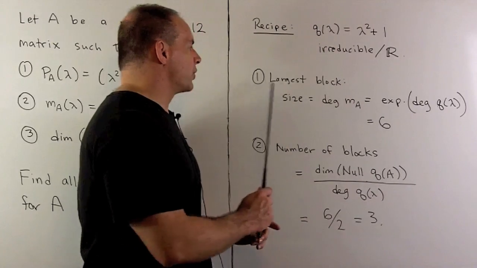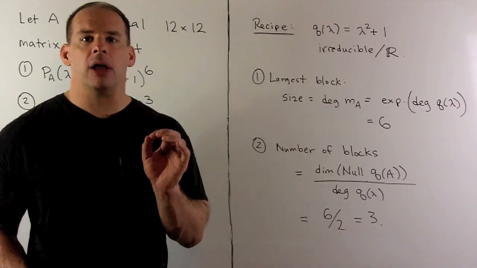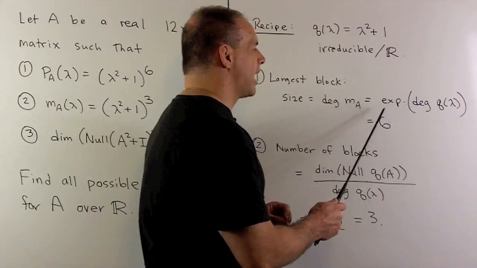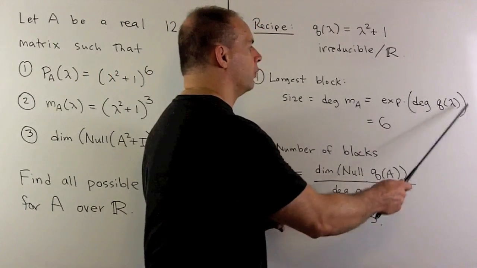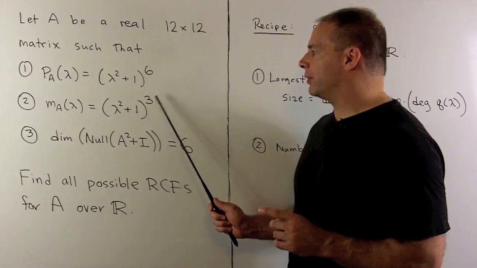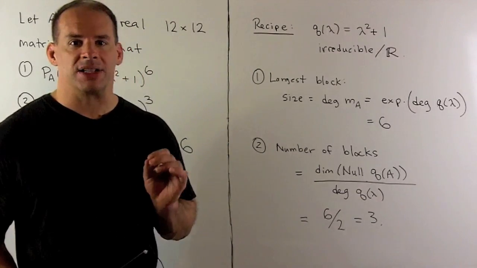For the size of the largest block, we use the degree of the minimal polynomial. So that's going to be the degree of our Q times the exponent on our Q(λ) in the minimal polynomial. So that's going to be 3 times 2, or 6. So the size of our largest block is 6.